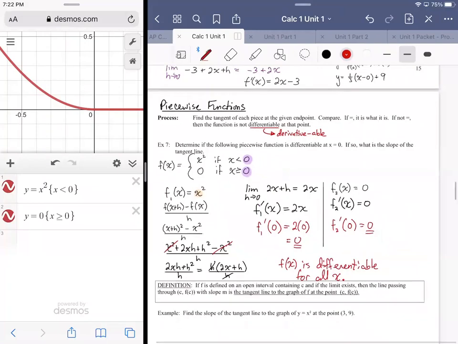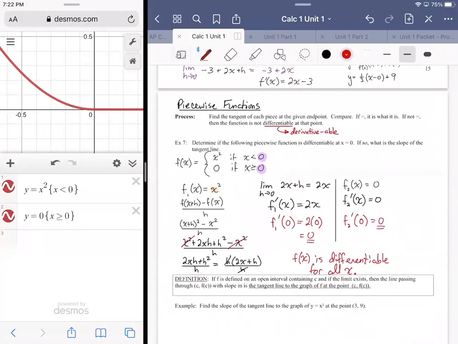So whenever we're doing this, what you need to do, I'll write the steps here. You first test for continuity. All right, we want to make sure that there aren't any jumps or holes or anything like that. And if there are holes, we want to make sure they're filled in by another piece. All right, then find the derivative of each piece. Evaluate each derivative at the given endpoint.